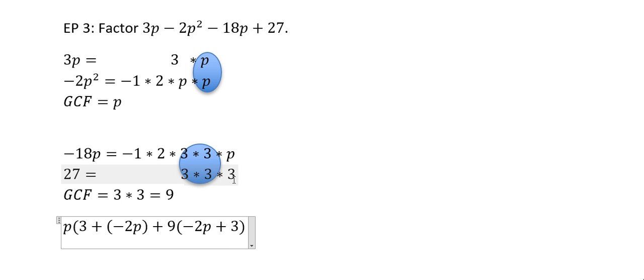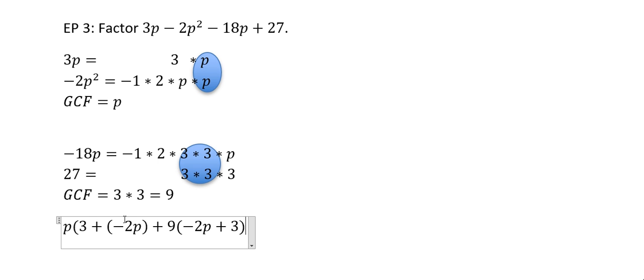So this one, when we use the negatives and pull out the negatives with our search for common factors, it saves us some of our additive inverse mess. So you can see here we have 3 plus negative 2p. We can actually just reorder addition. So this is actually the one that looks a little messy.